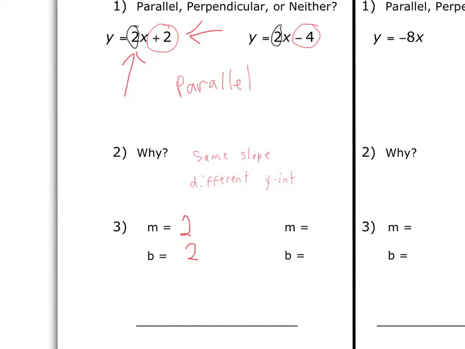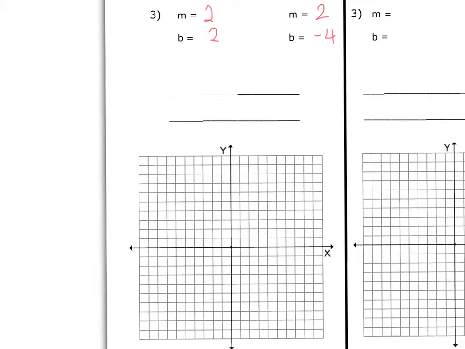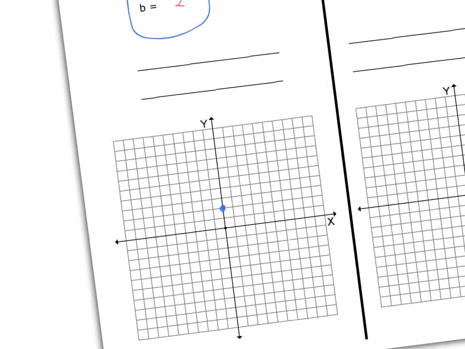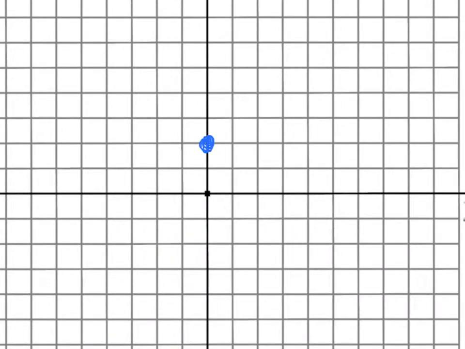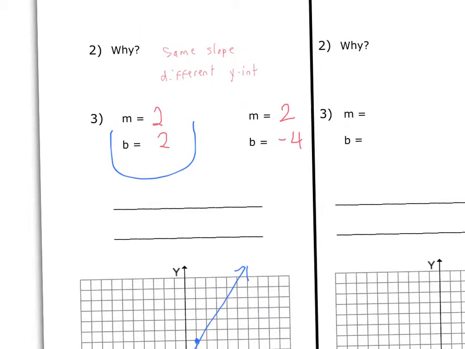For our other equation, we had a slope of 2 and a y-intercept of -4. Let's graph the first one, where the y-intercept is 2. From there, we have a slope of 2, so from our y-intercept we go up 2 over 1, and then we can draw our line.